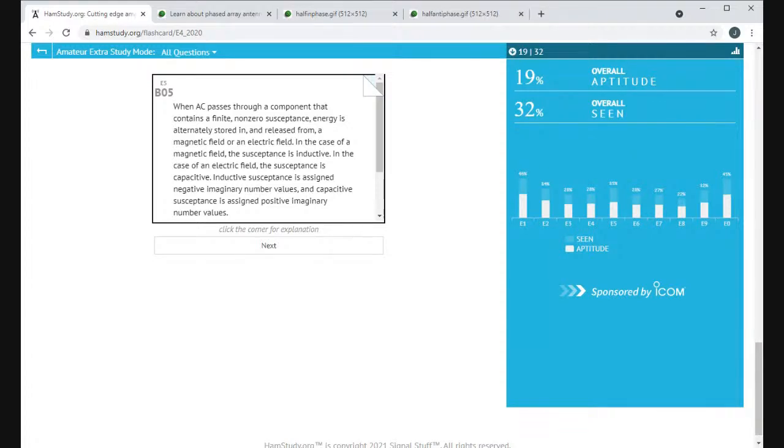In the case of an electric field, the susceptance is capacitive. Inductive susceptance is assigned negative imaginary values. Capacitive susceptance is assigned positive imaginary values.